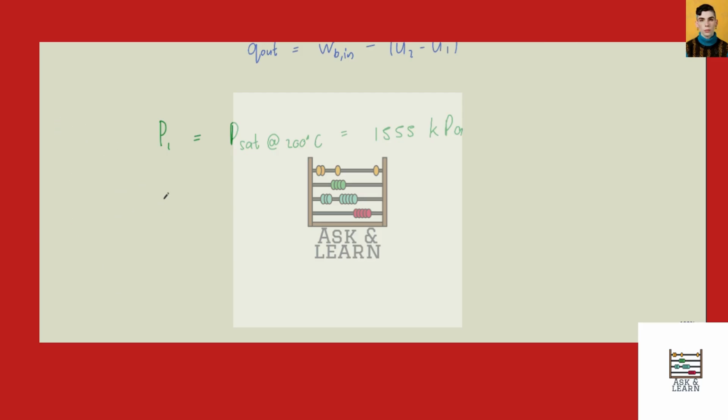So the specific volume at this state, v1, is equal to vg, which is 0.1272 cubic meters per kg. The specific internal energy for state 1, u1, is ug at 200 degrees Celsius, which is 2,594.2 kilojoules per kg.